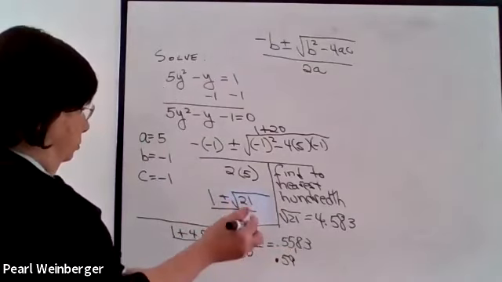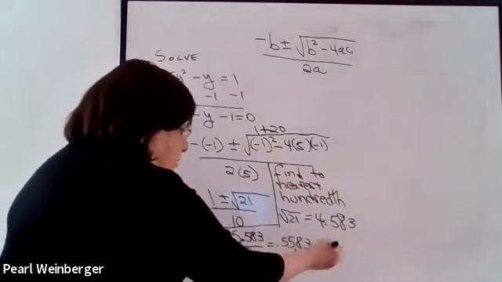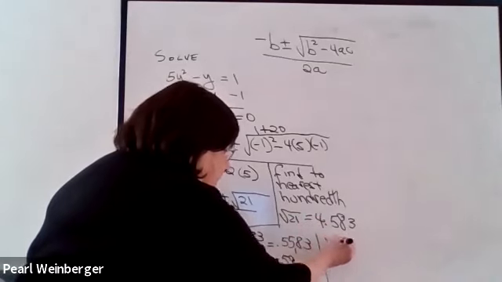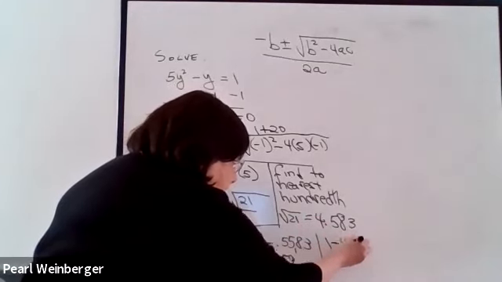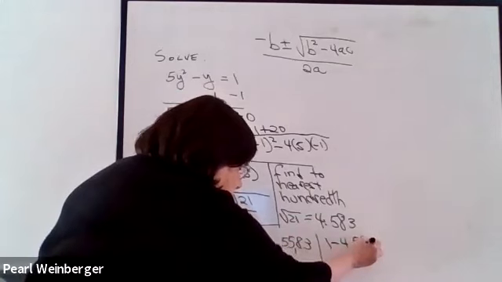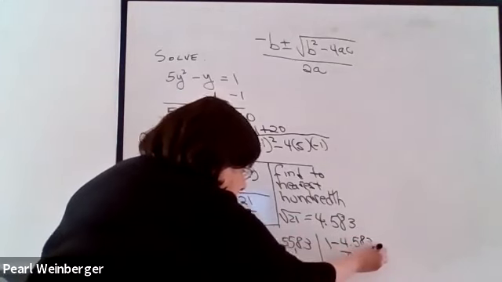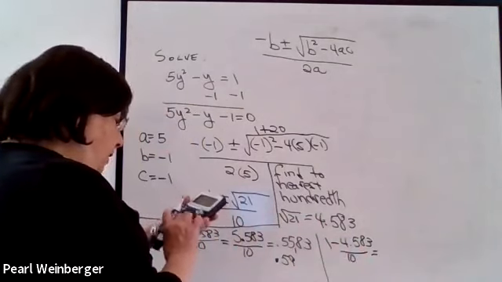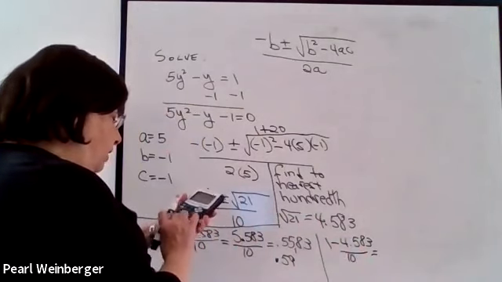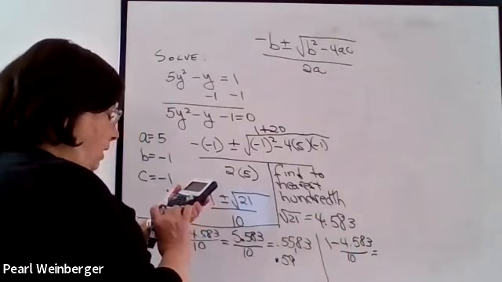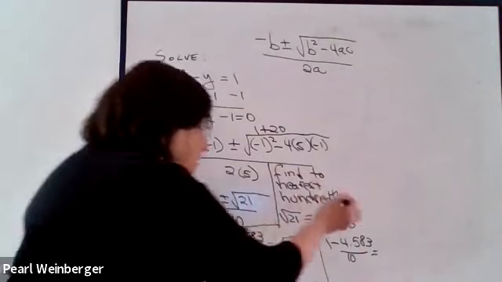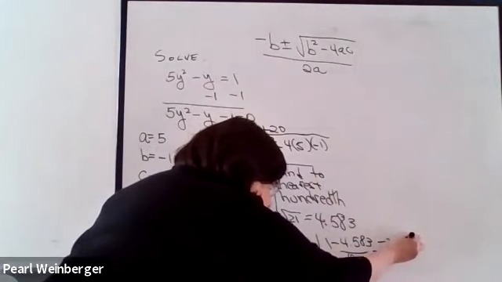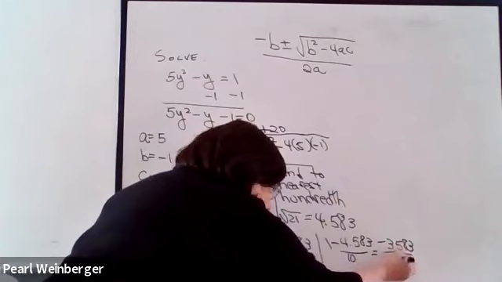Here's my other answer, we'll do by doing 1 minus 4.583 divided by 10. Again, on my calculator, I'll do 1 minus 4.583 and press enter or equal to get negative 3.583 divided by 10.